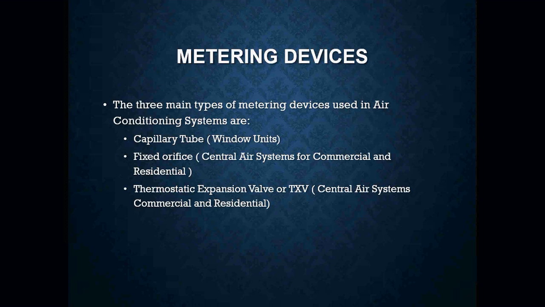You're going to find those in a lot of your commercial and residential central air systems. Or your TXV, better known as your thermostatic expansion valve. You're going to find those in your residential and light commercial units, rooftops, things of that nature.